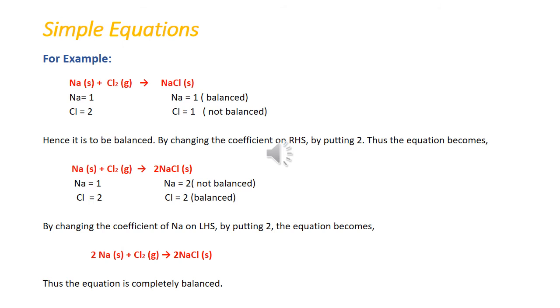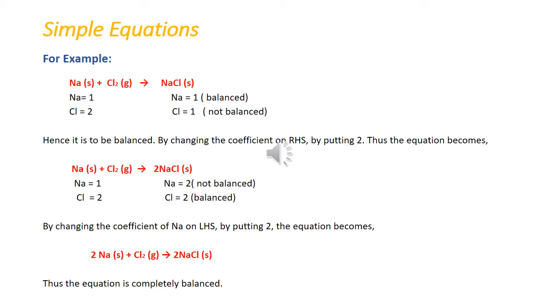A simple equation is given as an example, and we need to balance it. The equation is Na, that is sodium, plus Cl2, chlorine, gives NaCl. Check the number of atoms.